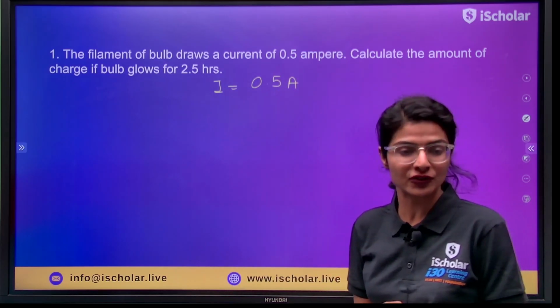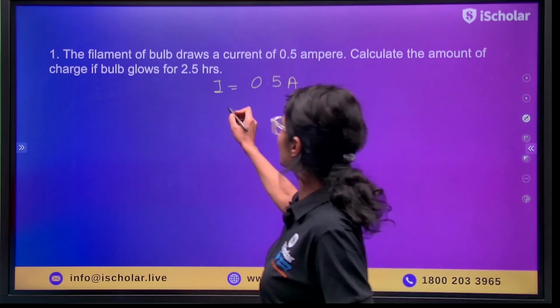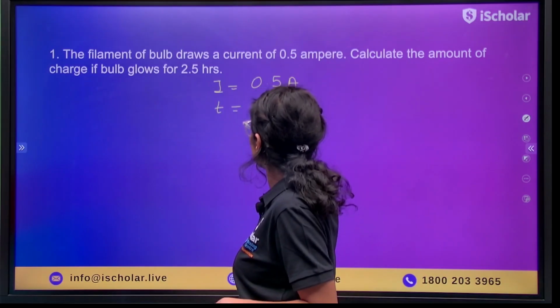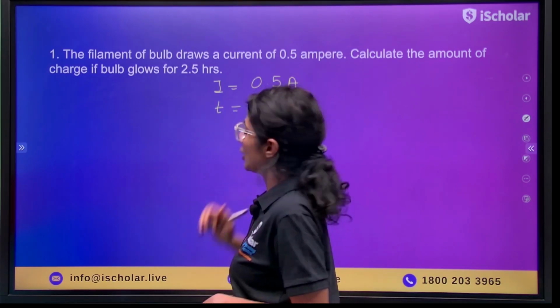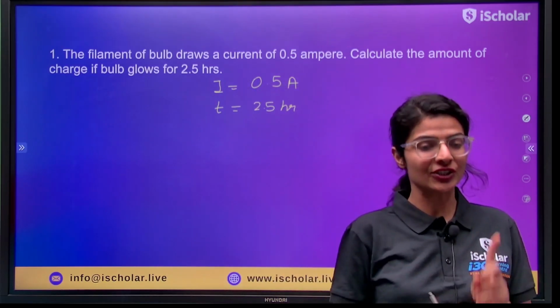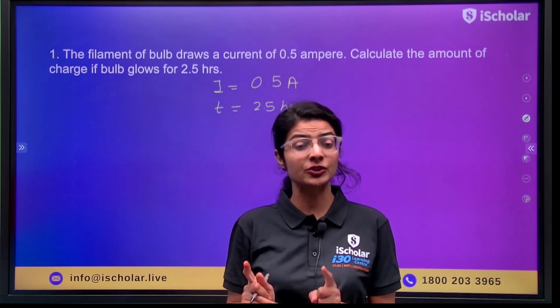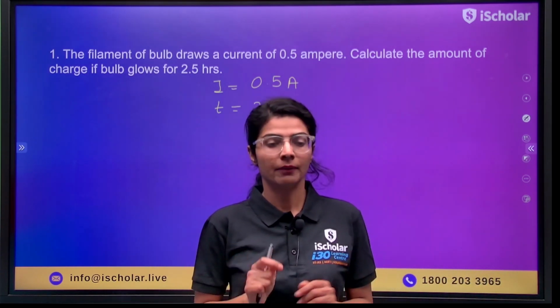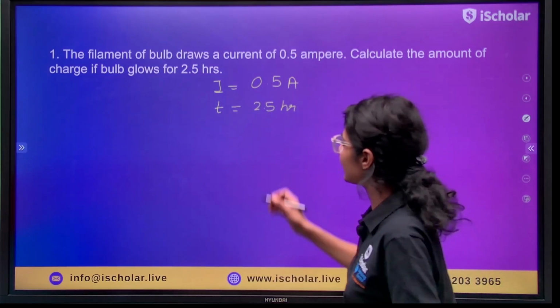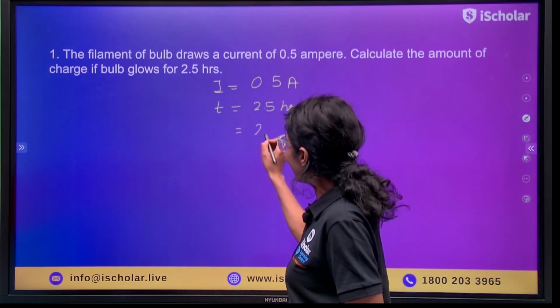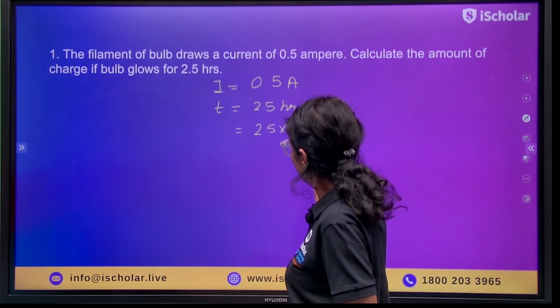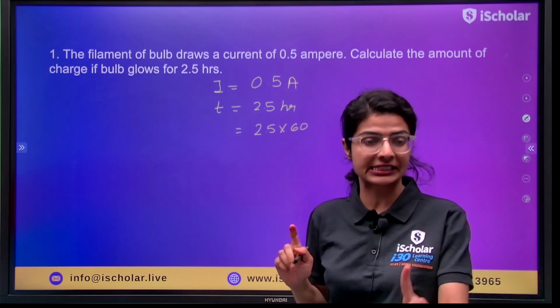Calculate the amount of charge flown if it glows for time. Time is given to you, that is 2.5 hour. So pay attention to the units. If it is mentioned as 2.5 hour, make sure you convert it into second, because this is a common mistake done by students. So multiplying it by 60, because 1 hour has 60 minutes.